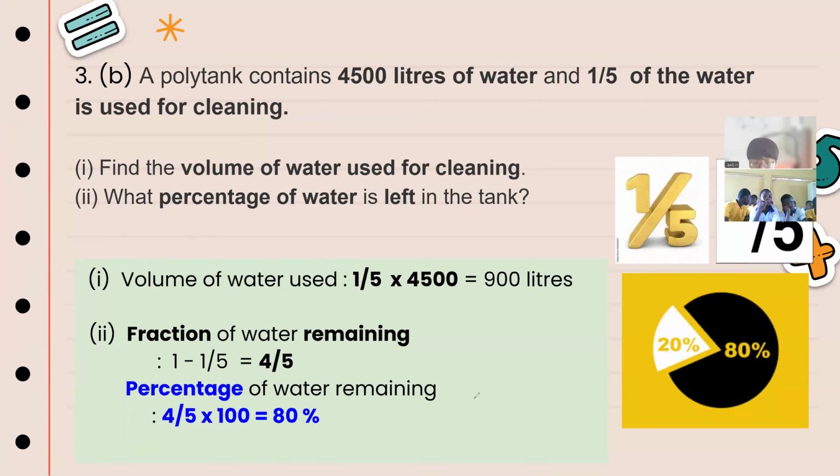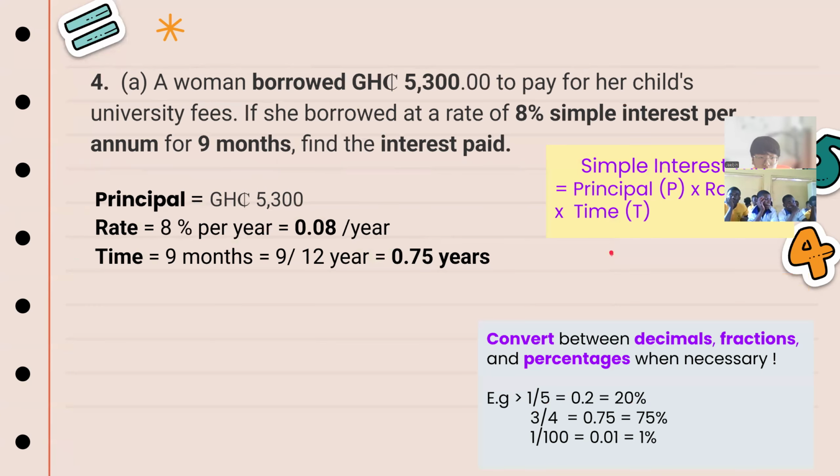So for example, we had 80/100, and as a percent, you always multiply by 100%. That's why we got 80% as the percentage of water remaining. Great job in solving this question. So we can move on to the next question.